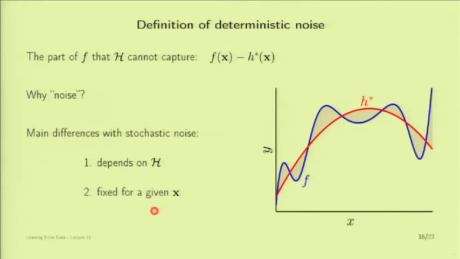Nobody changes x's on us and gives us another realization of the x. We just have the x's given to us together with the labels, okay? So this doesn't make a difference for us. And we settle on a hypothesis set. Once you settle on a hypothesis set, the deterministic noise is as bad as the stochastic noise. It's something that we cannot capture, and it depends on something that we have already fixed, so it doesn't depend on anything. So in a given learning situation, they behave the same. Okay.